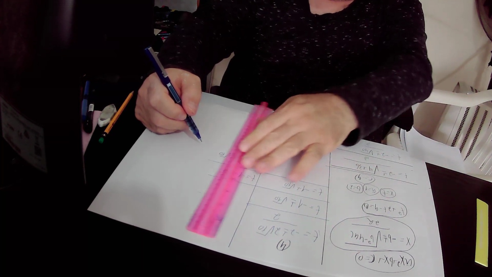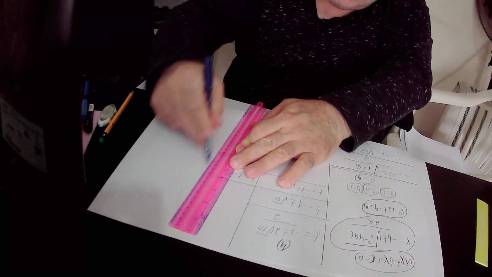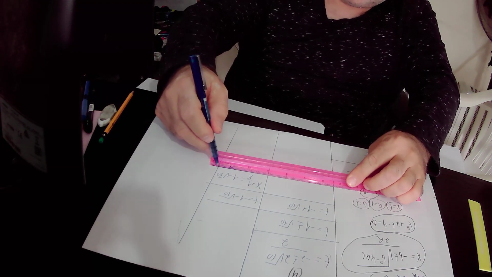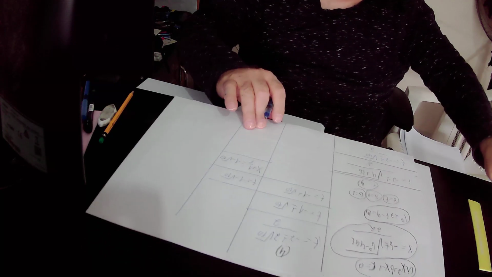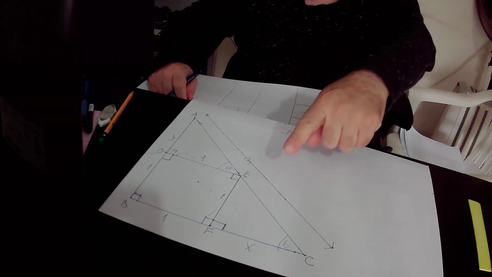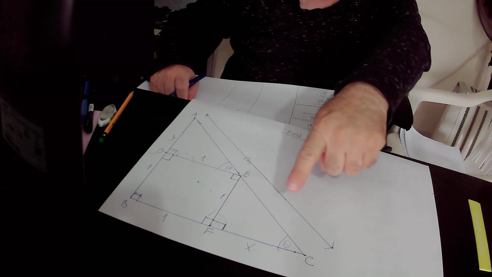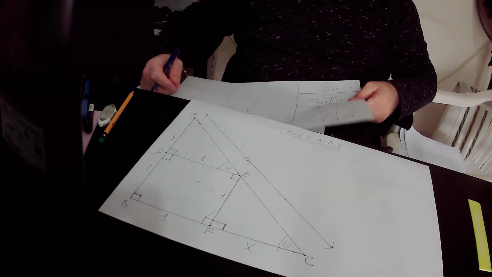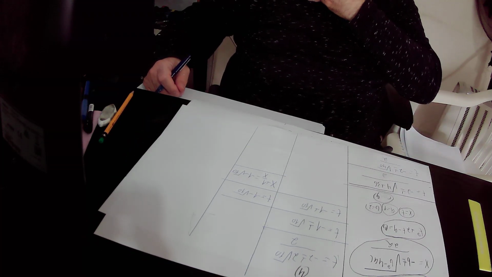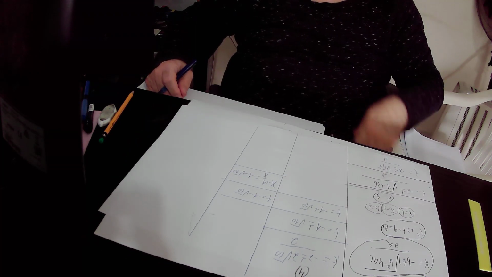And here x is one side of the right triangle EFC. So x is a length, and the length is a positive number.